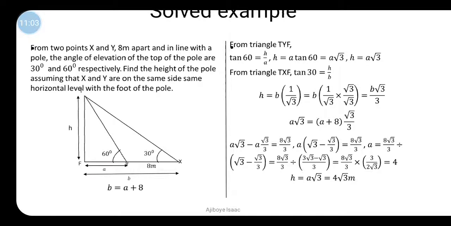So our a will now therefore be equal to 8 root 3 over 3 divided by the bracket root 3 minus root 3 over 3, then close the bracket. And that will be equal to, when we simplify the fractions in the bracket and then change the division sign to multiplication, it therefore means our a will be equal to 4.